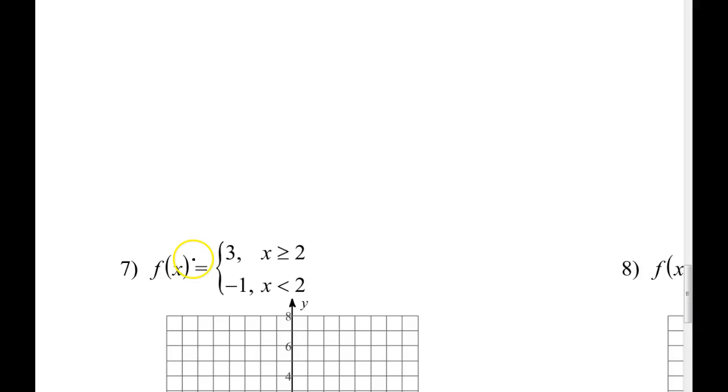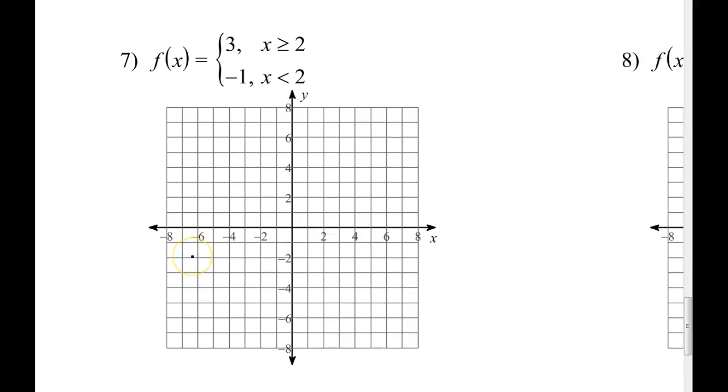Right, maybe one more. So graph both of them. So let's do graph 3.